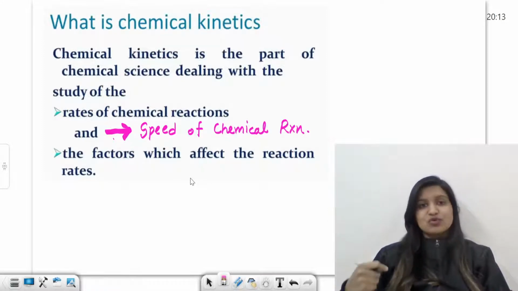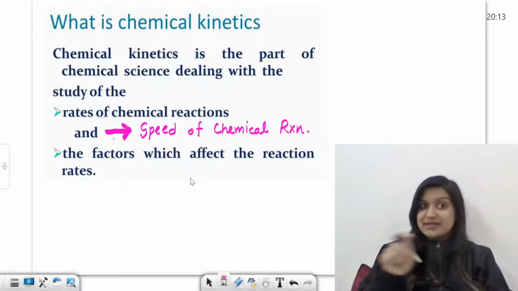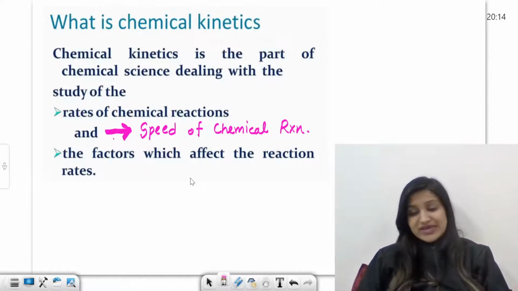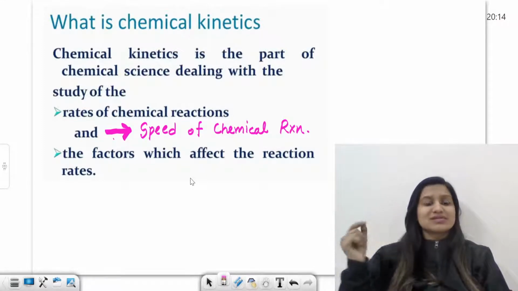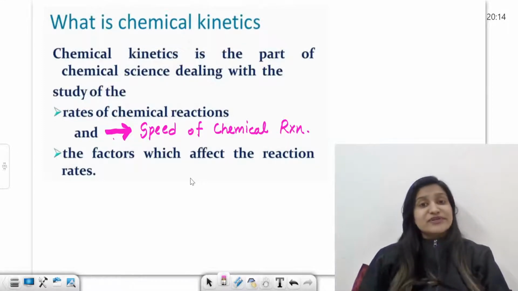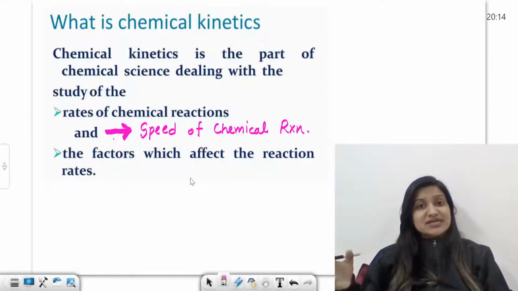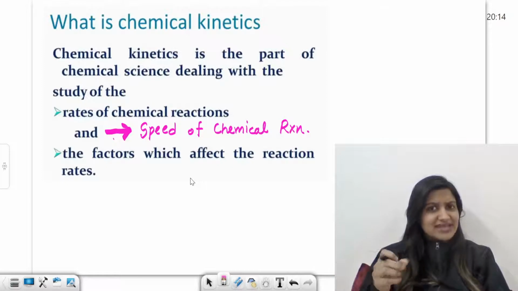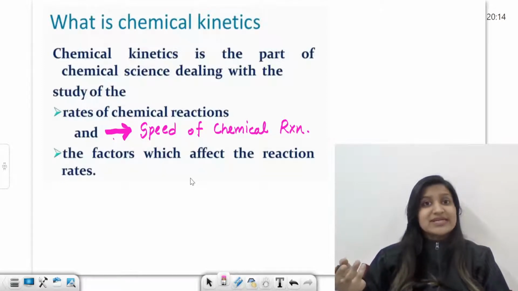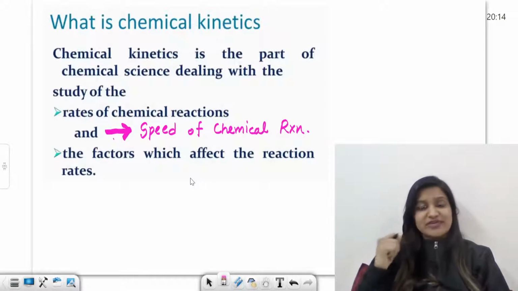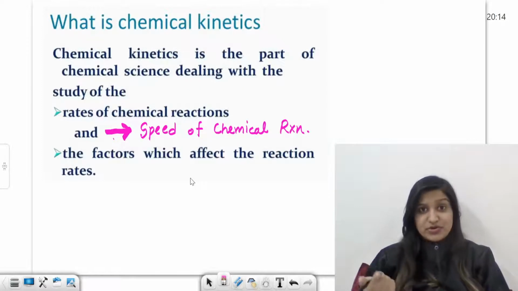Whether the reaction will take place or not is something different, which you have studied in thermodynamics with the help of delta G, that is your Gibbs free energy. In that chapter, you studied whether this reaction can happen or not, right? If delta G is negative, then your reaction is spontaneous. If it is positive, then your reaction is non-spontaneous, right?